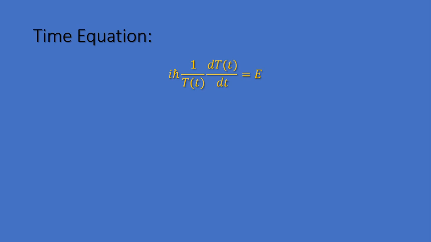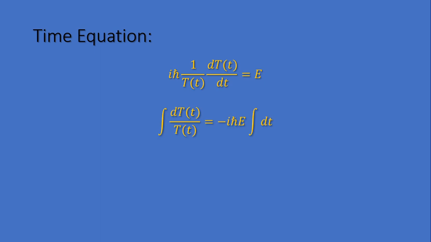We can now solve the time part of the equation. And notice that I've replaced the partial derivatives with just good old derivatives because the function now depends only on time. This is a first order ordinary differential equation which can be separated and integrated.